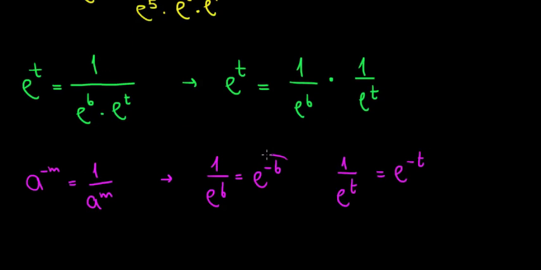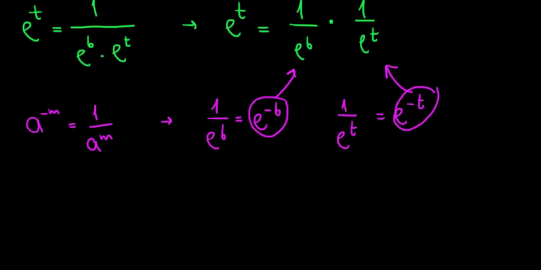So we could write these terms in these places. Let's see where we get with that. We would have e to the power of t equals e to the power of minus 6 times e to the power of minus t.